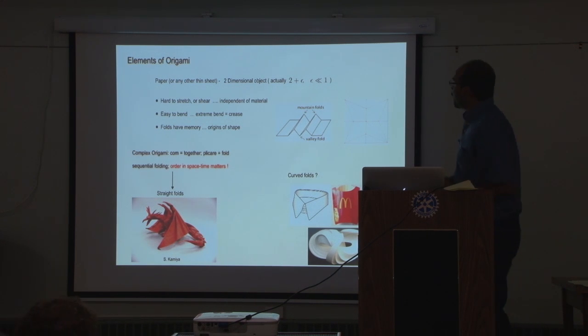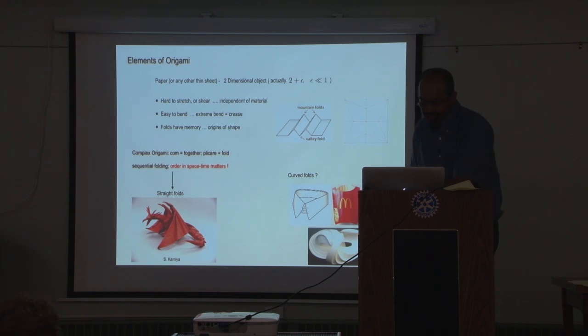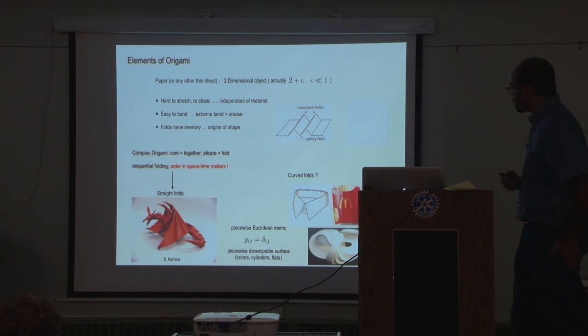So, okay, why is origami possible, or what makes origami possible is the fact that essentially it's made of a thin sheet of something, and that thin sheet of something suffices in order to basically have memory when I crease it sufficiently, and it's hard to stretch and hard to bend. So I want to now make that a little bit mathematical and quantitative.